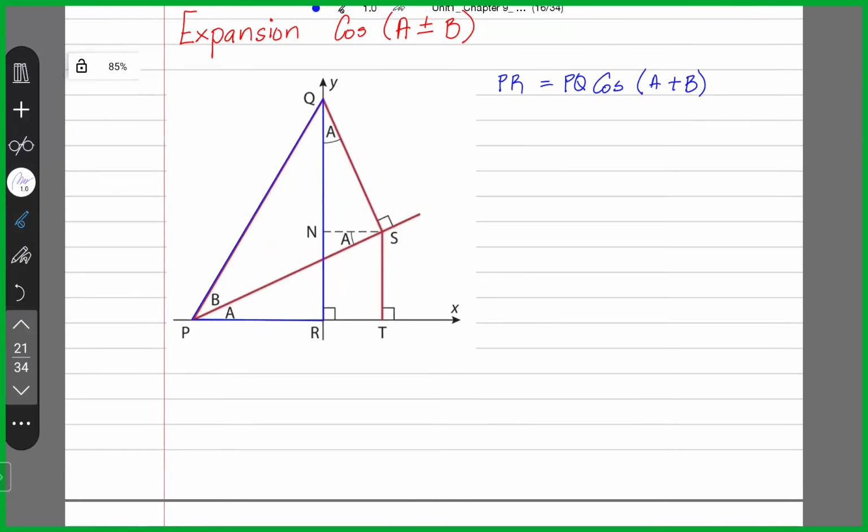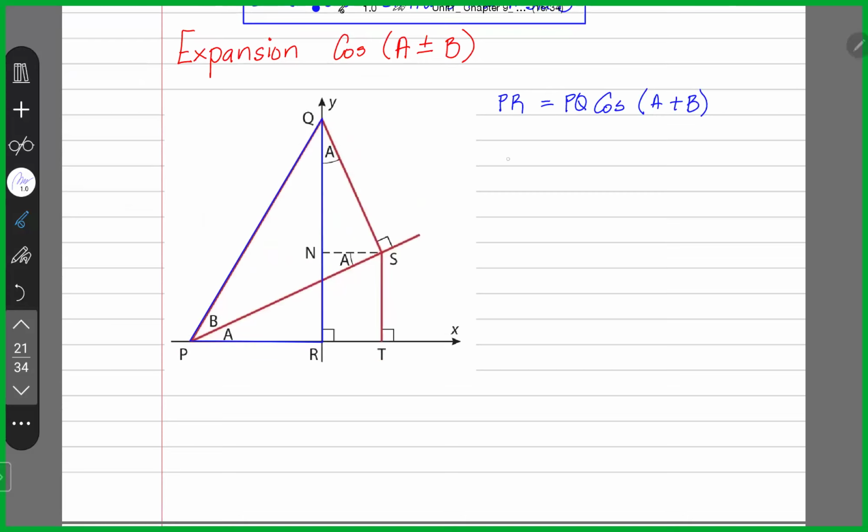Make this a little bit bigger. Now, PR is also equal to PT minus RT.